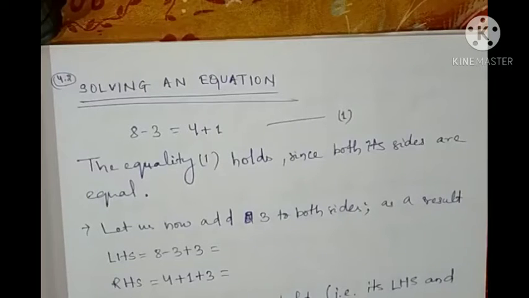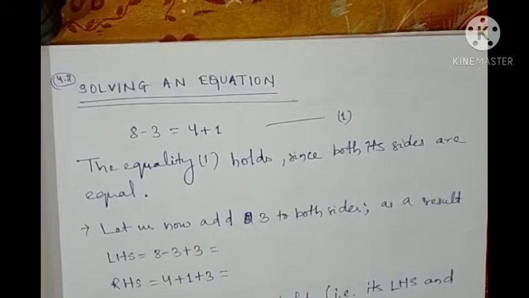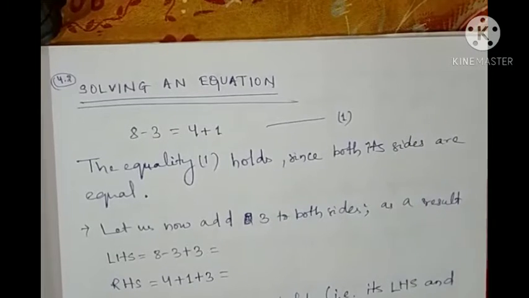But that was also solving an equation. We used the trial and error method to find the solution, or sometimes a solution was given and we had to find out if it was right or wrong. Today we'll see some methods to find the solution of an equation, and we can prove it also. So let's see.